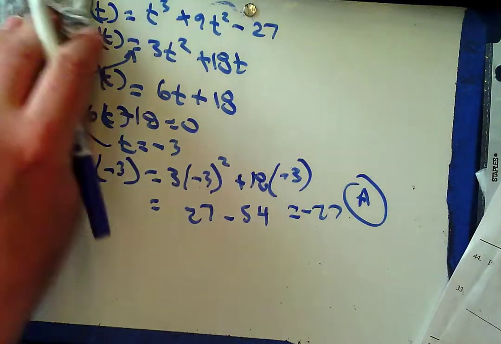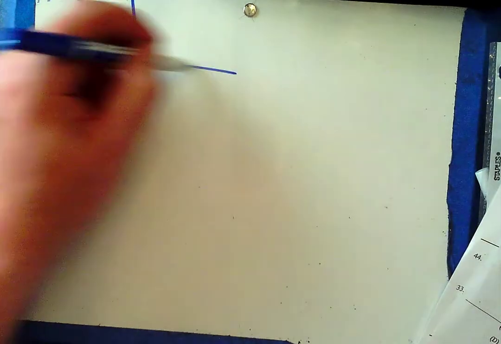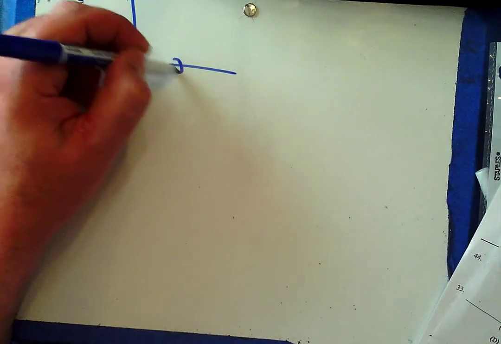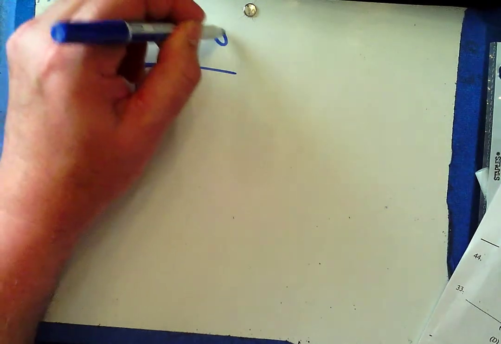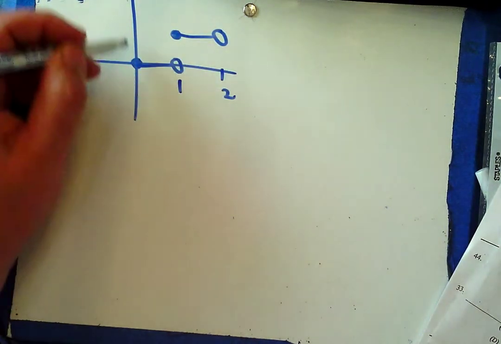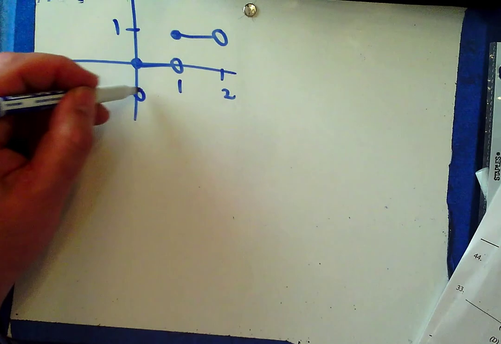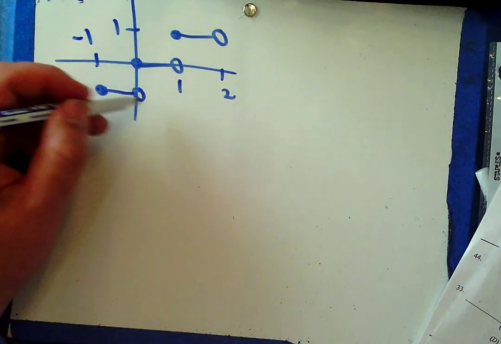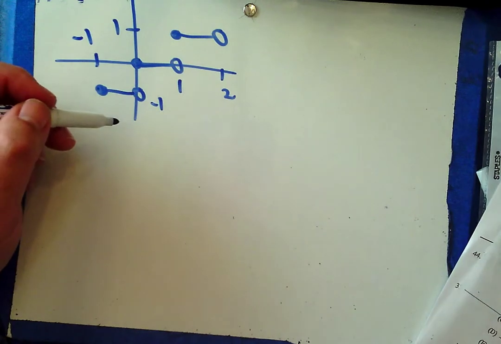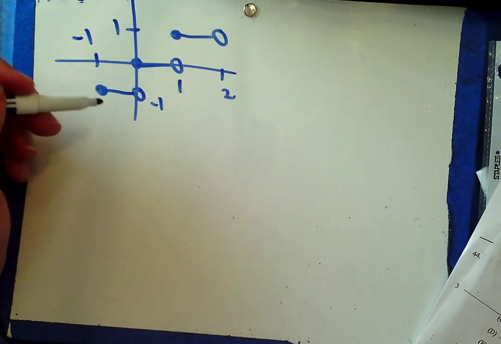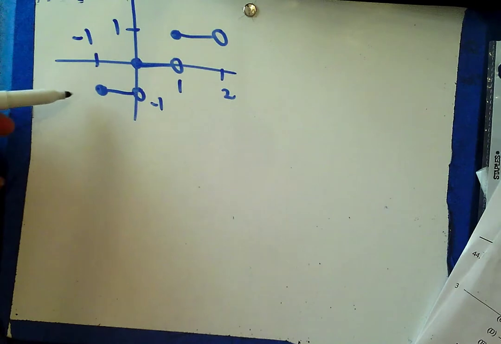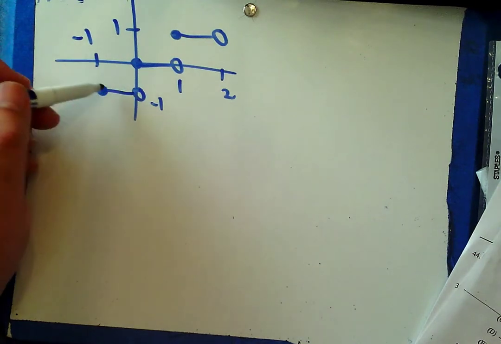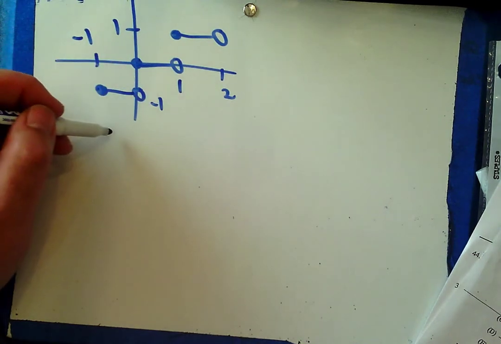Number 5 is A. 6. The greatest integer function. Let's take a look at the graph of the greatest integer function. Open circle, 1, 2, 1, -1, -1. Okay, so we're concerned about as we approach 0 from the negative. Well, as I approach 0 from the negative, this function has a value of -1.